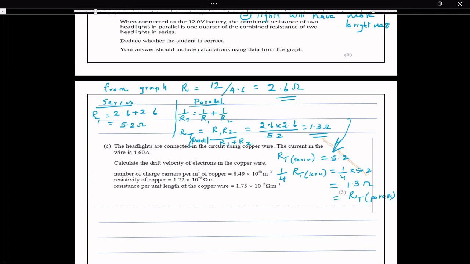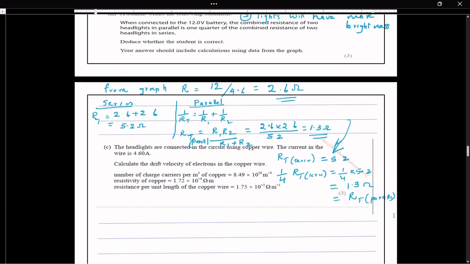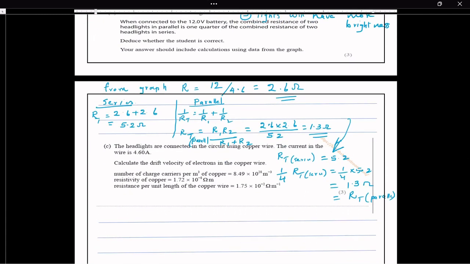So from this we can say that the student is correct, because the student said RT parallel is 1/4 of RT series. So the student is correct. RT series is 5.2, RT parallel is 1.3, which is 1/4 of it.